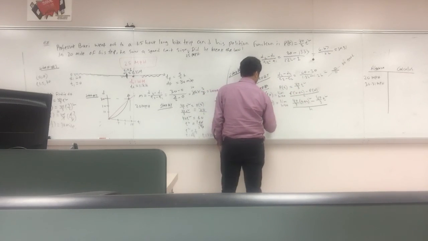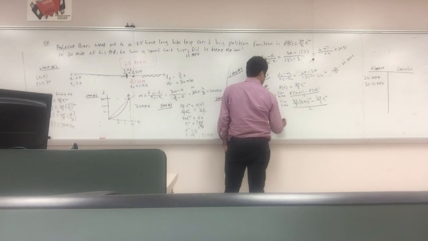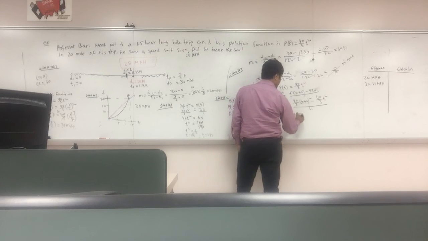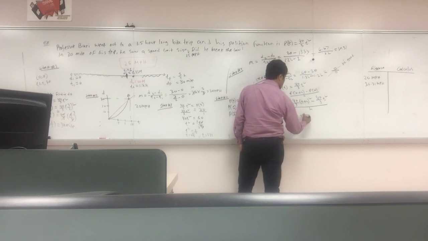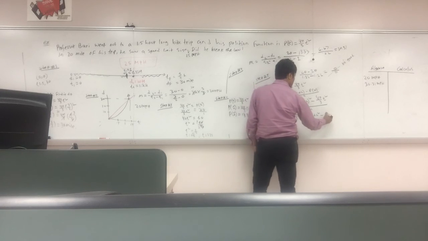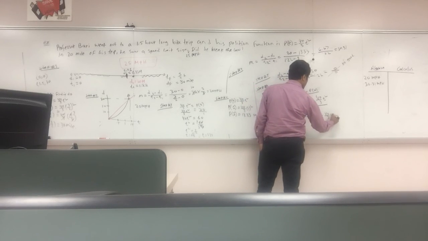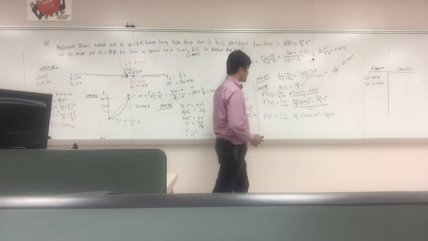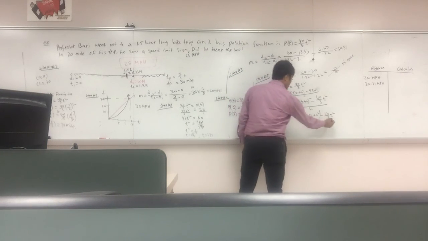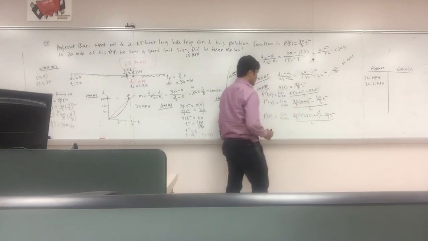So f prime of x is the limit as h goes to 0 of 40 over 3 times (t squared plus 2th plus h squared) minus 40 over 3 t squared. This has to be in parentheses.